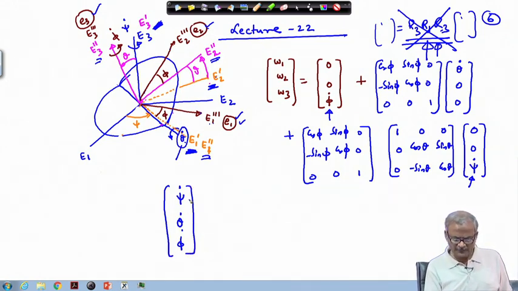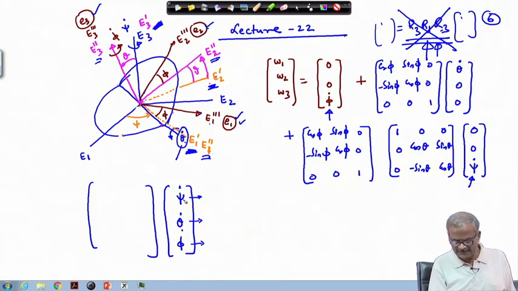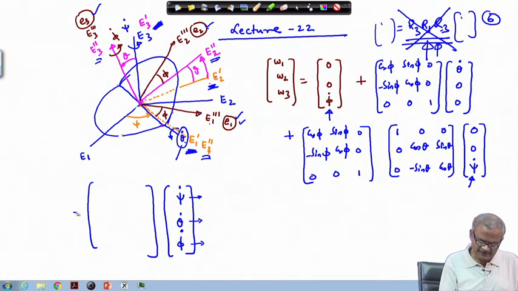In no way does this indicate that this is the x direction, or that this is the y direction or anything. These are the three components of the angular velocity vector psi dot, theta dot and phi dot, which if you operate on by a certain matrix, will get converted into omega 1, omega 2, omega 3.